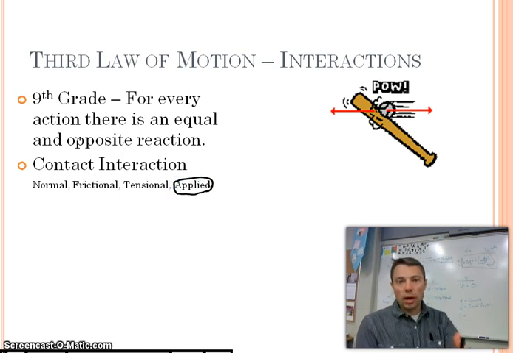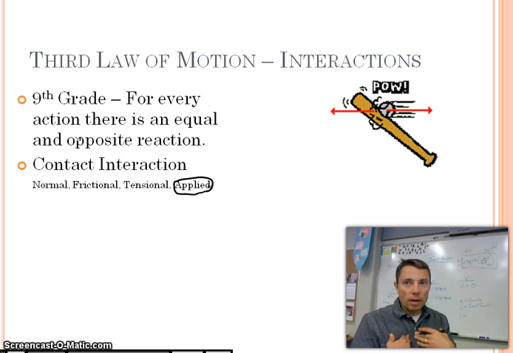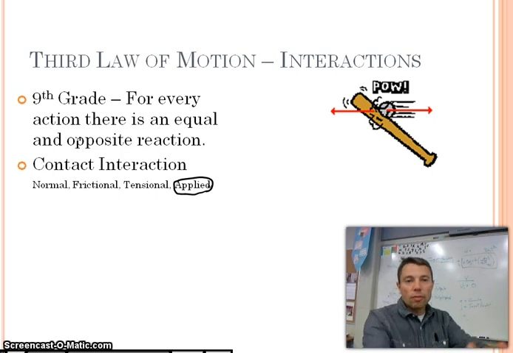So I push on a box, the box pushes back on me. I walk up to a table, I push on the table, the table pushes back on me. That's the applied force. I push on an object, which means it's an applied force on the table. But keep in mind that the interaction back between us, because we're in contact with each other, is that the table pushes back against me.